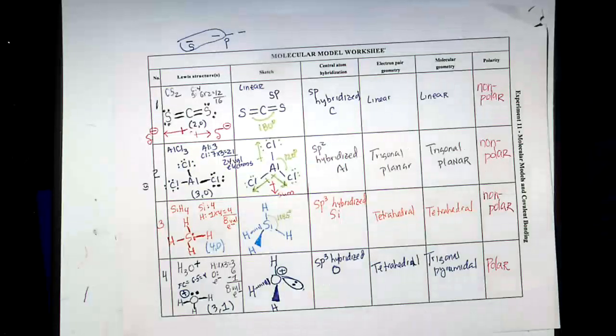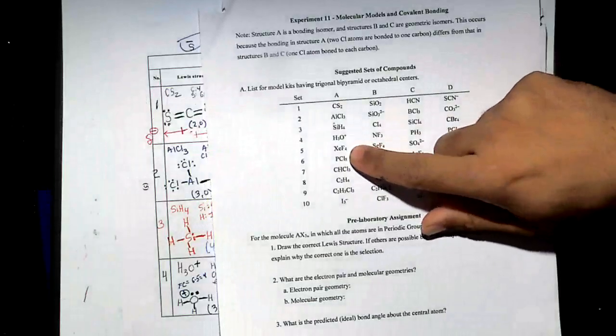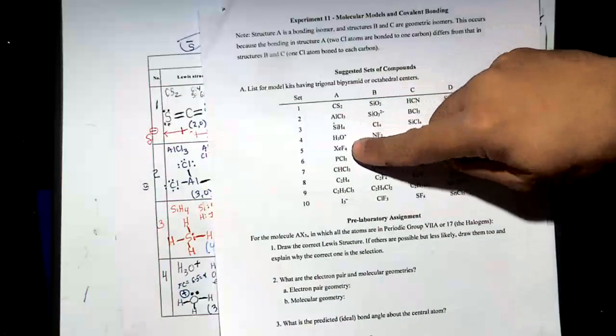All right, what's number 5 here? Xenon tetrafluoride. This sounds complicated. Let's check it out.